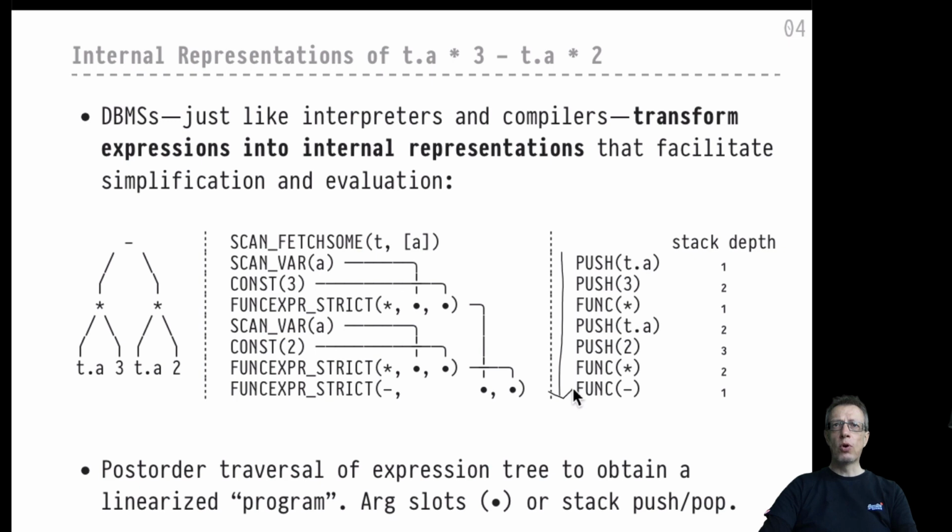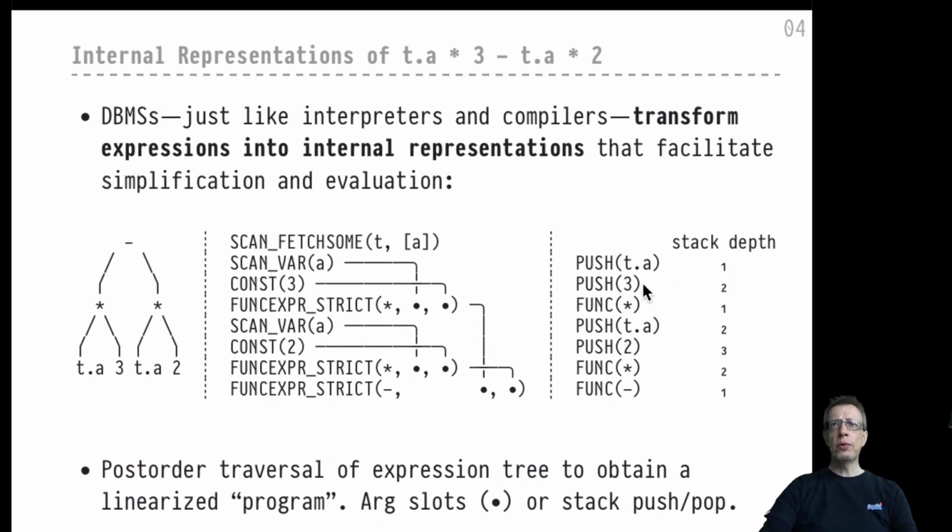And if you compare the sequence of operations in this program, it is also obtained by a post-order traversal of the expression tree here on the left. Okay, so this would be the access of the A field in the T row, and we would place the A field on the stack, which would now hold one element.